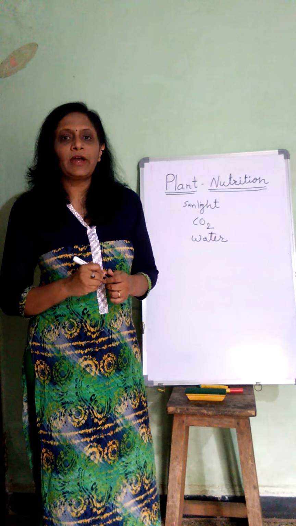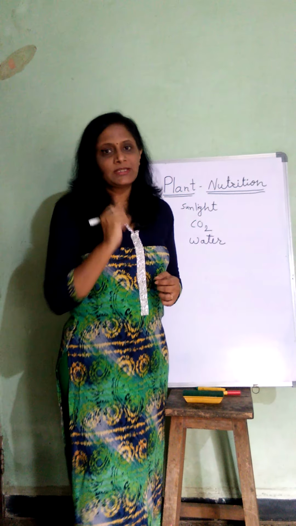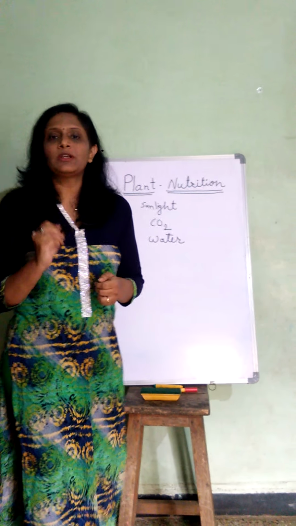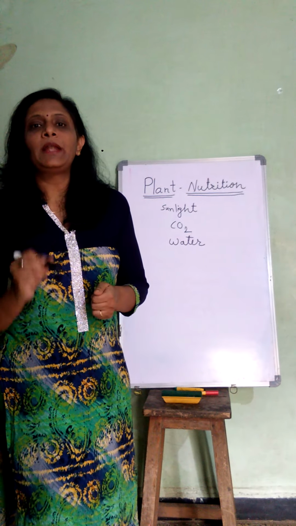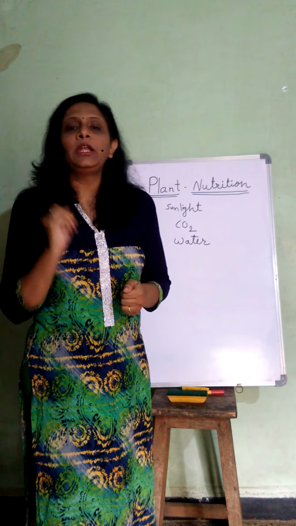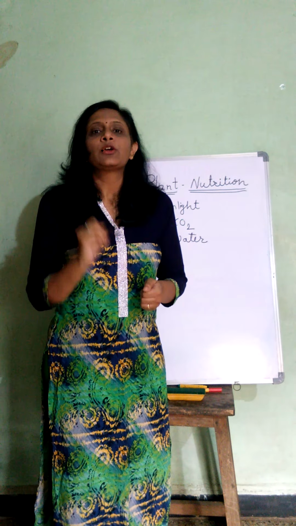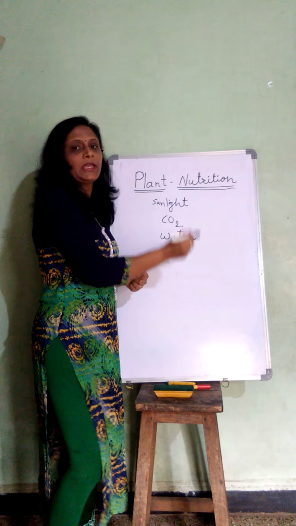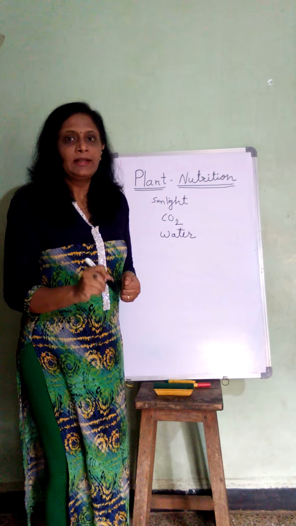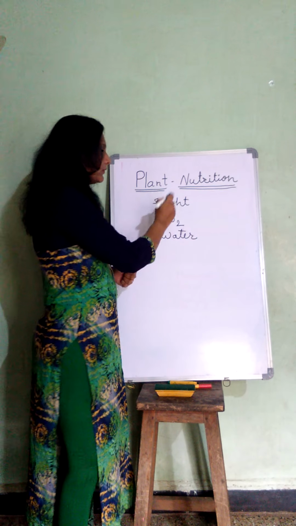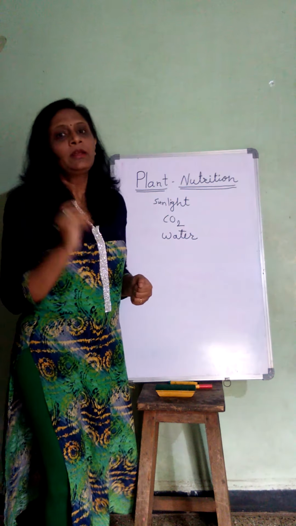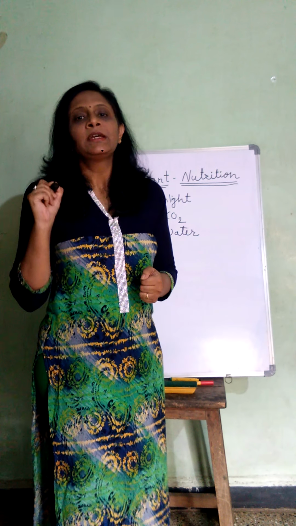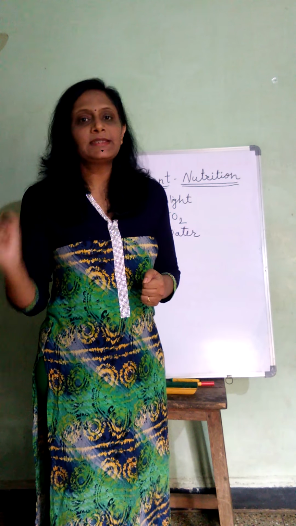So let's define the process of photosynthesis. In the process of photosynthesis, plants obtain the inorganic substances like carbon dioxide and water inside the chlorophyll, and in presence of sunlight they prepare the molecules of glucose and release oxygen outside the cell.